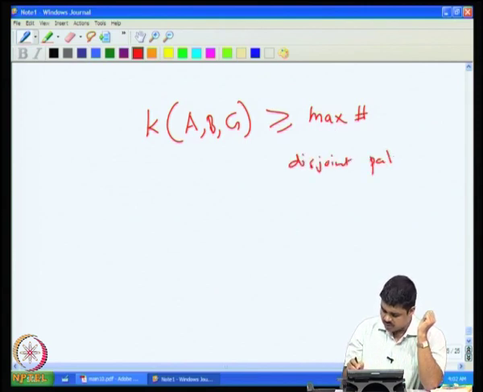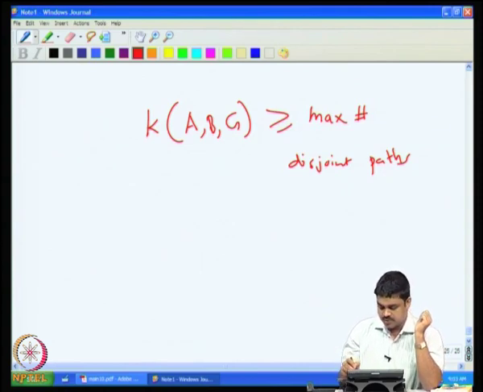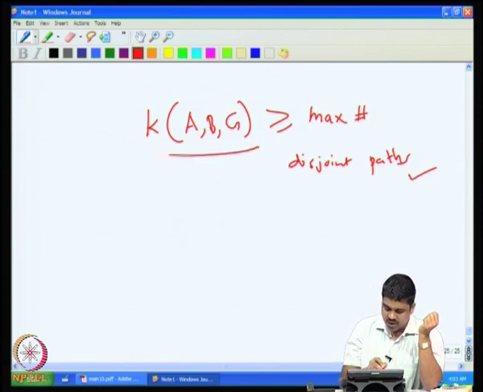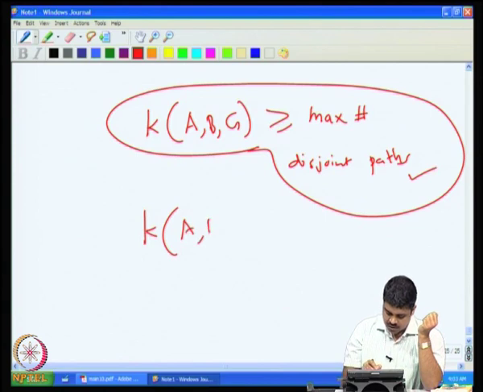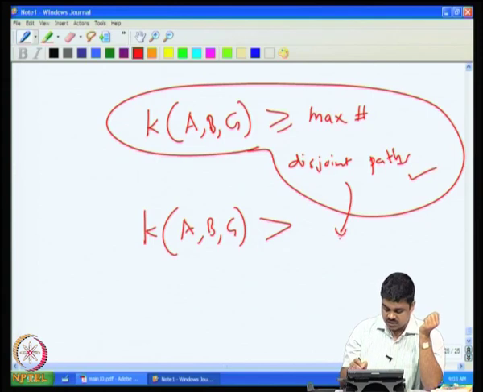Why? Because you have to remove at least one vertex from each of the disjoint paths, otherwise at least one of the paths will remain as such. How can we disconnect A from B without removing at least one vertex from each path? So this is true. The only thing we have to make sure is that the separator size being strictly greater than this quantity is not possible.